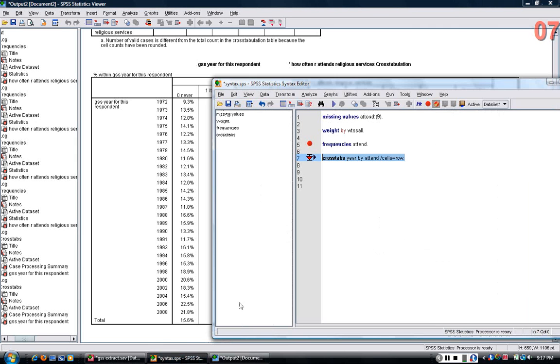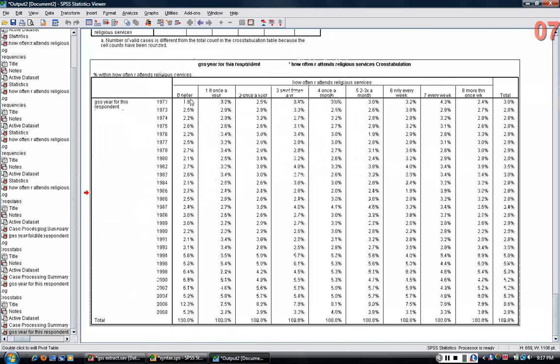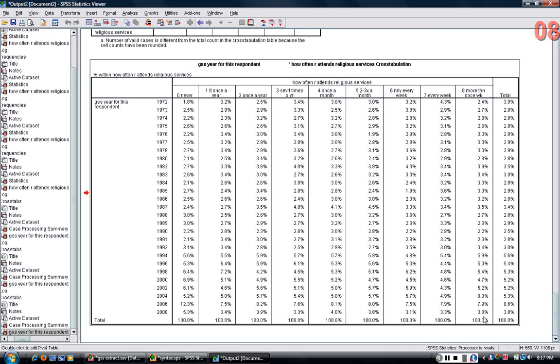Okay, just for the purposes of demonstration, if I did it wrong and put column percentages, now the percentages are adding up to 100 within each column, but they really aren't telling me anything, because it doesn't say anything to say that among the people who, for instance, attended religious services more than once per week, 3.8% answered in 2008. That just doesn't make sense.